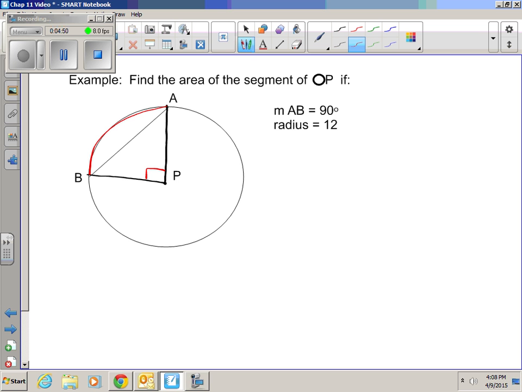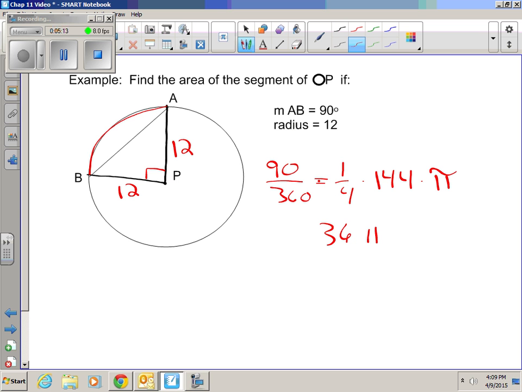My central angle is going to be 90 over 360. I'm looking for the area of my sector right now. That, of course, is 1/4 times the area of the circle. My radius was 12. So this is 12 squared, which is 144 times pi. The area of my sector is 1/4 of 144, or 36 pi.